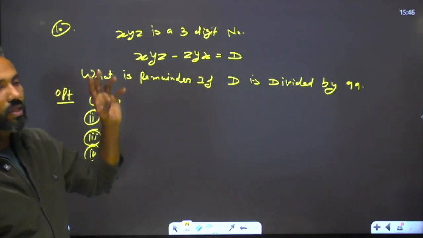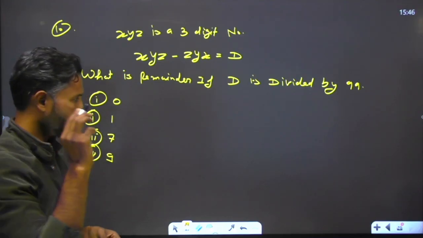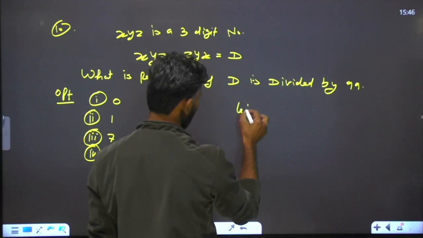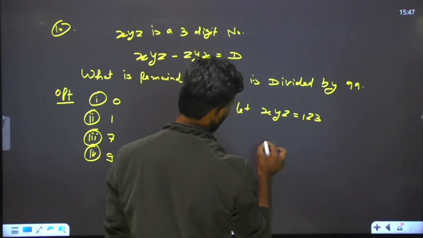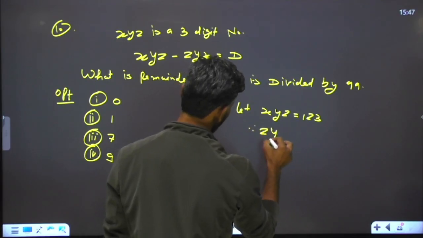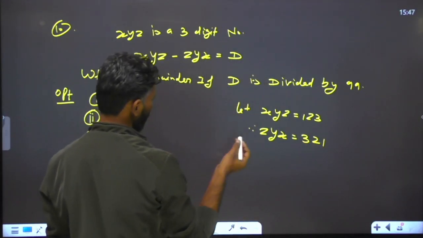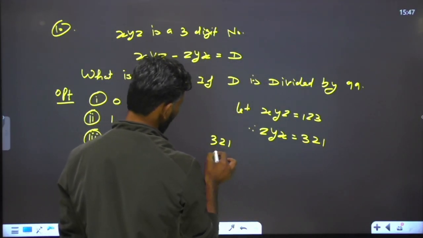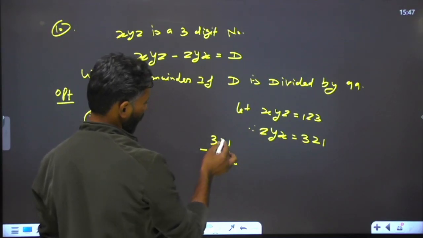Here xyz is a 3-digit number. You can take any 3-digit number. Suppose let xyz equal 1, 2, 3. So it means zyx will be equal to 3, 2, 1. Now get the difference, 321 minus 123.